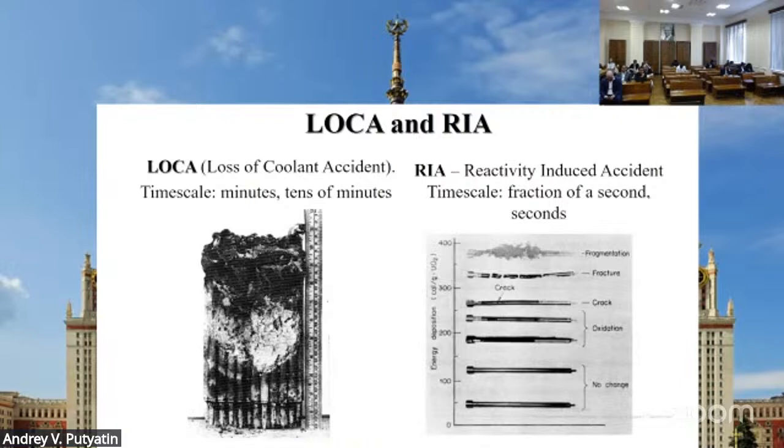You see fuel bundles which are severely melted in the middle. What happens? You are losing coolant. Still, the reactor is operating, so there is a huge release of heat, and you don't have cooling. Eventually, materials inside the core start to melt, forming corium and the materials which we will speak about.